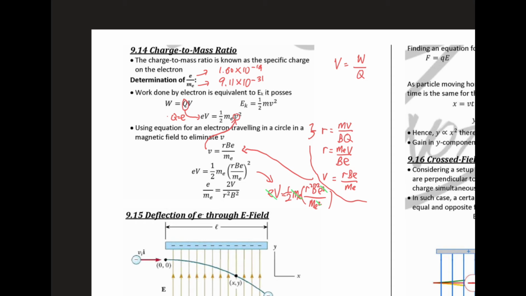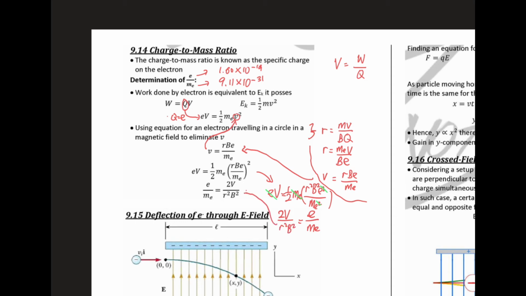What we want is e over me, the charge over the mass. As you can see, the charge is on the right, the mass is on the right also. Then we can shift the remaining things to the left, so 2v over r squared b squared.